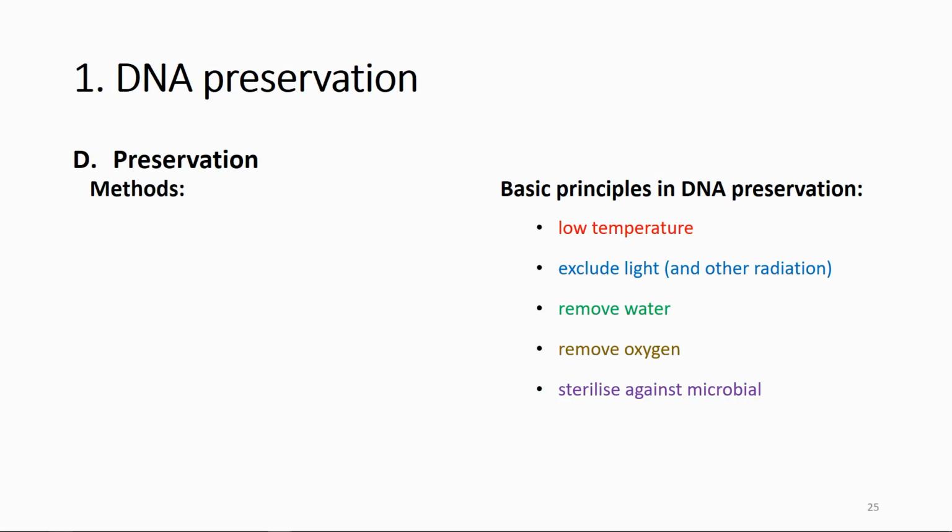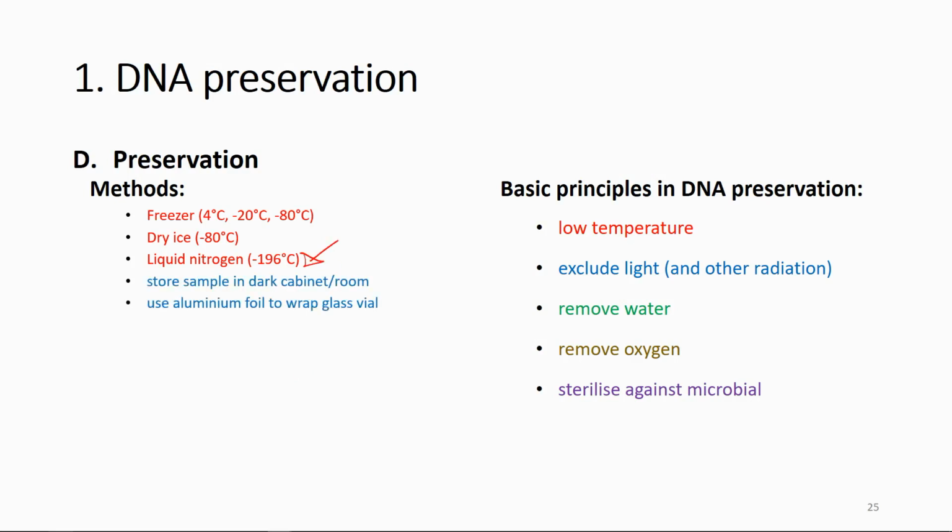We know that these are the principles, then we can choose the method. For example, to keep the sample at low temperature, you can keep it in a freezer at different temperatures. If you want long-term storage, it's better to keep it in a very cold environment.